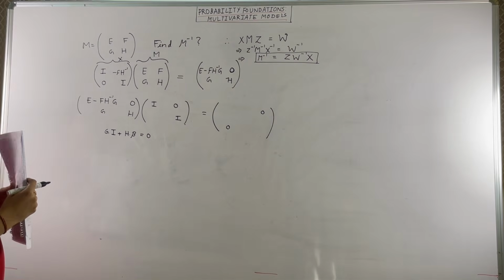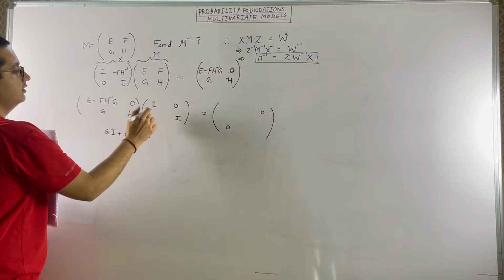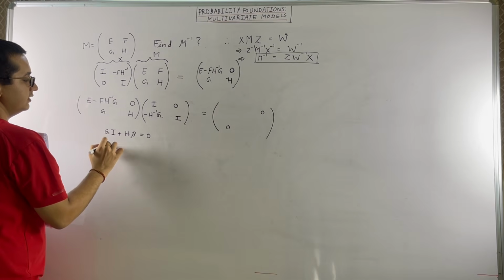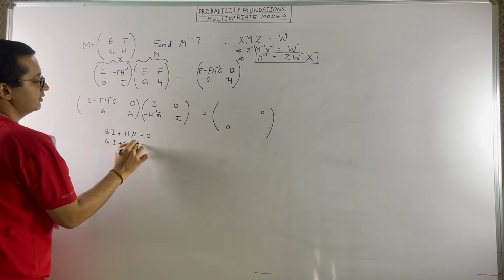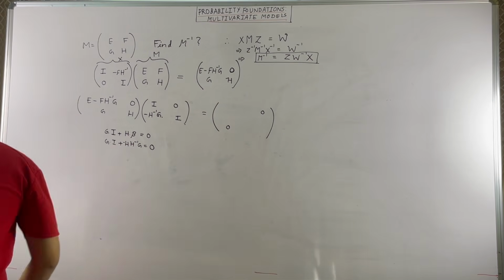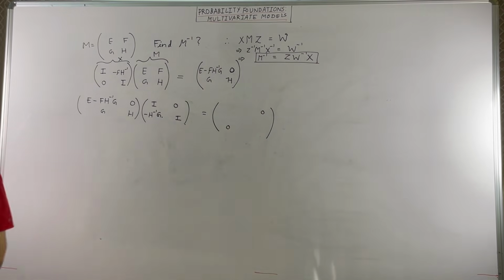So from here what will it be? So it should be minus H inverse G, right? Because if I have that, then this becomes null. All right, so got the idea? So by doing this, what do I get then?